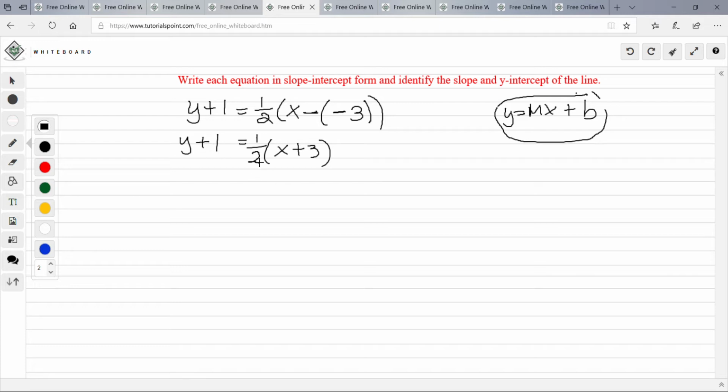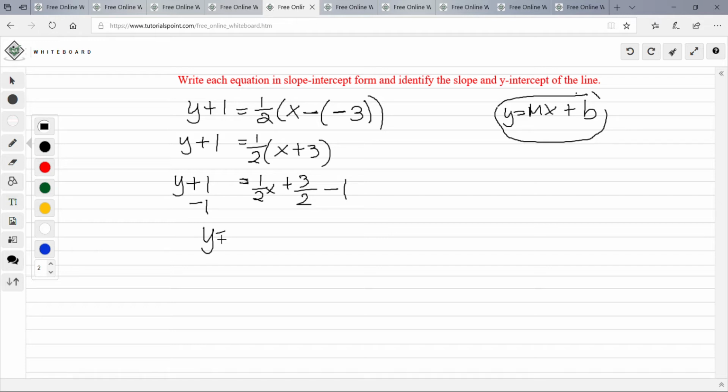And then I'm going to distribute this 1/2, so this is going to be 1/2 x plus 3/2, y plus 1. So we want it in this form, right? We have to get y by itself, so I'm going to subtract this 1, subtract this 1.